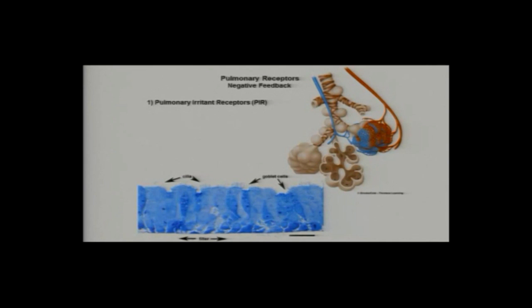So because they're located in the alveolar sacs, they do the same thing that the other irritant receptors do, but they are primarily concerned with preventing damage to the site of gas exchange and preventing the absorption of a potentially harmful substance into the bloodstream.